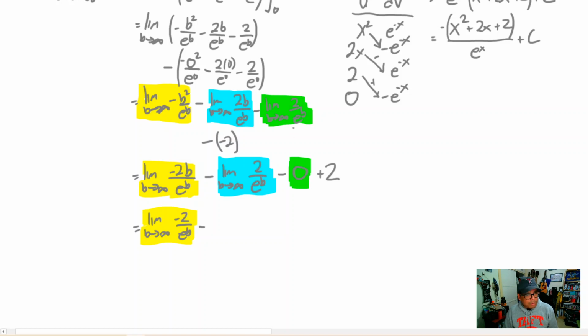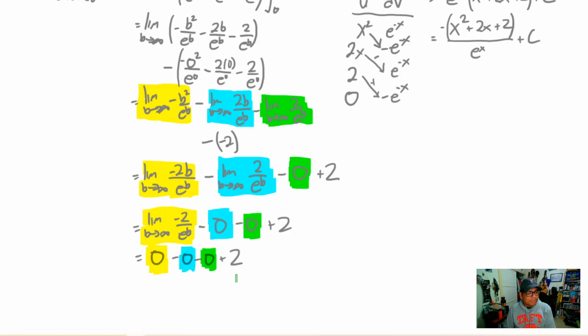Actually, we did this exact same limit over here. So for 2 over e to the b, we know that limit is 0, and the rest of it carries down. And now taking a look at the last instance, in my yellow limit, I've got -2 over e to the b. I know that that limit is going to be 0, and bring the rest of it down.